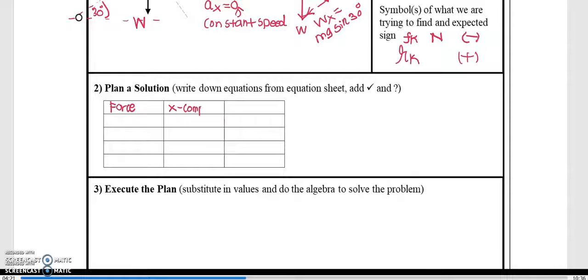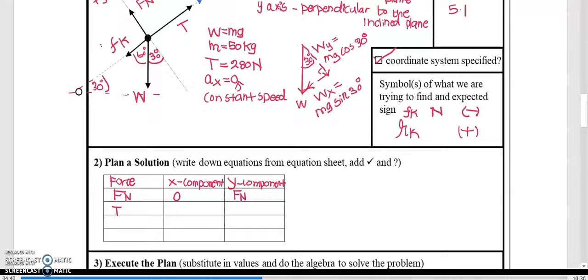Let's start by making a chart to identify the x and y component of each force acting on the sphere. Let's start with the normal force, and there's no x component for the normal force. The y component is Fn. It's positive because it's up based on the inclined plane. Then tension has an x component, and it's again positive based on the coordinate system.